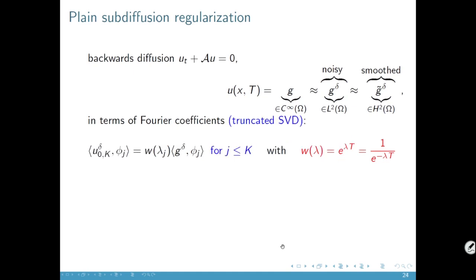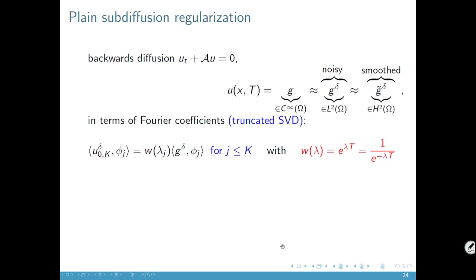So we have to truncate our series. That's known as truncated singular value decomposition or spectral cutoff. And that's actually the method for comparison. It's known to be an optimal method for inverse problems, optimal in the sense of both stability and approximation error.